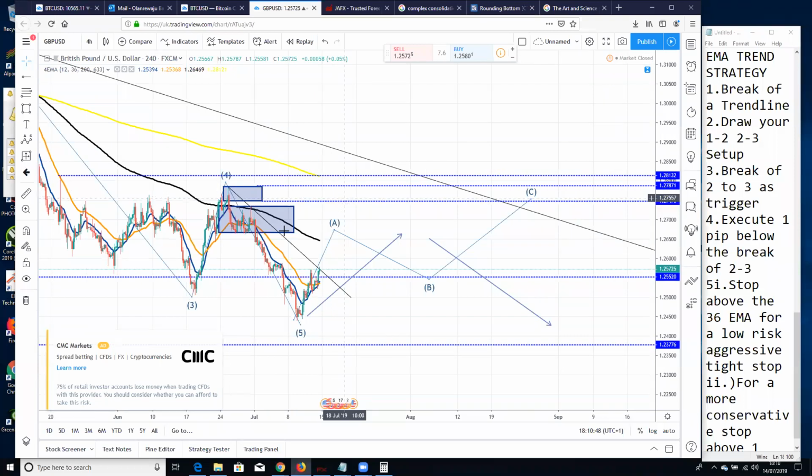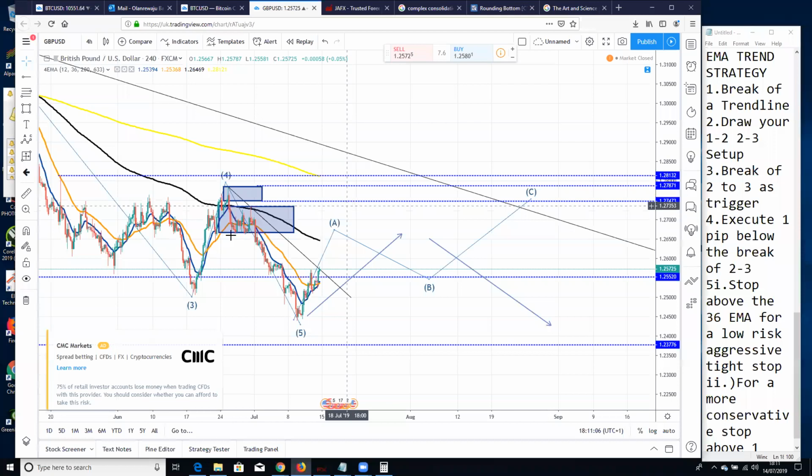But if we don't get there, another cool area will be this area, all right? And that area is now tallying with our 200-day moving average, okay? And then that will definitely get hit before we get to this zone.